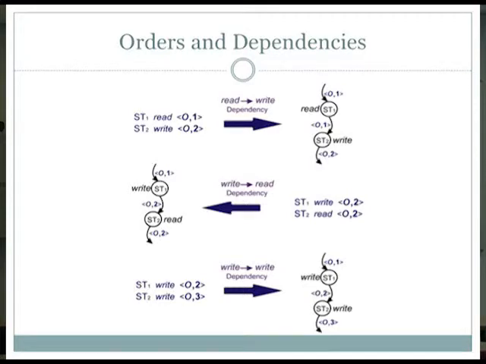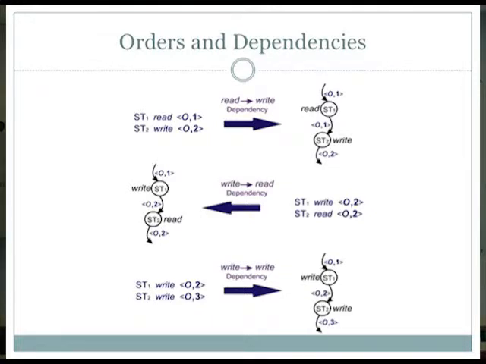If I read the data and somebody else writes on top of it, there is a dependency. Because, for example, if I read a data, a bank account or a budget, and somebody else took the money from the budget, and then I go for shopping, that money is not the money that I have in my calculator or whatever. The second one is write and read.